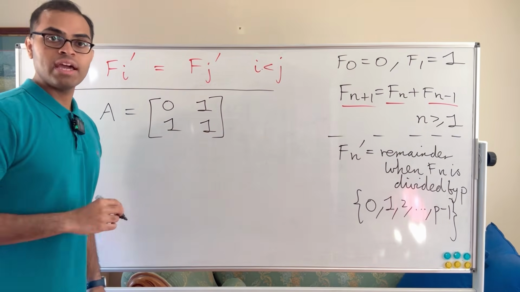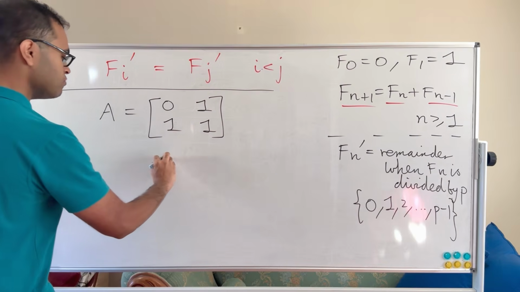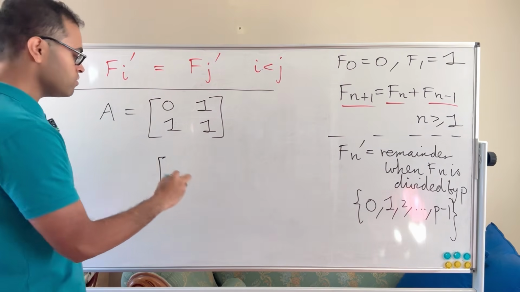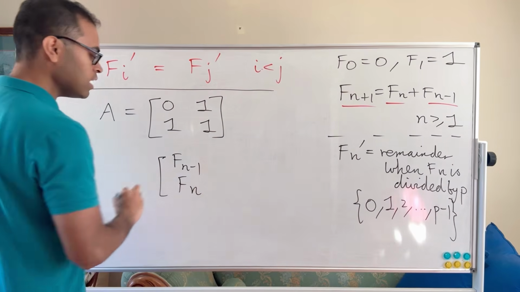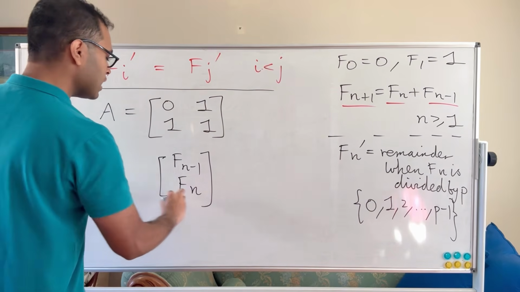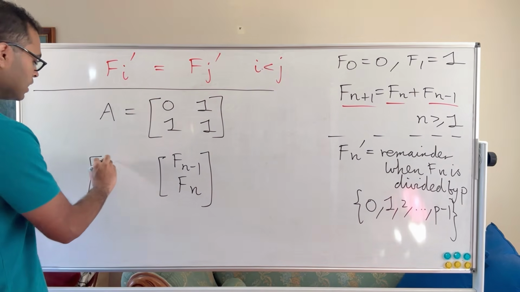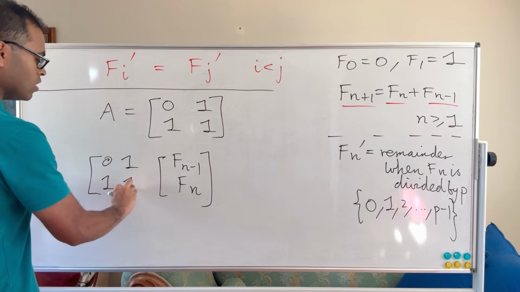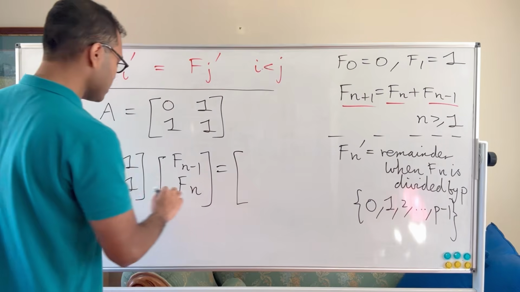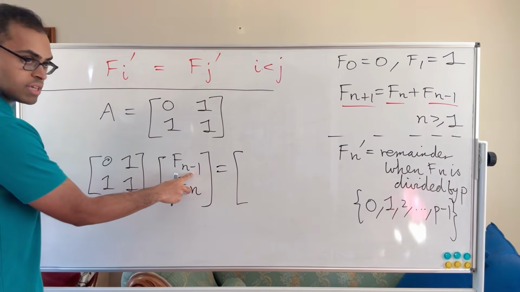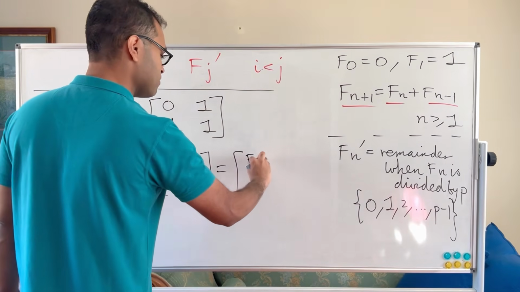Now, why am I defining this matrix? Observe that if we take the pair of consecutive Fibonacci numbers, let's take the pair Fn minus 1, Fn, and multiply with our matrix A, 0, 1, 1, 1. When I do this product, by doing the matrix product, 0, 1 times Fn minus 1, Fn is going to be Fn here.